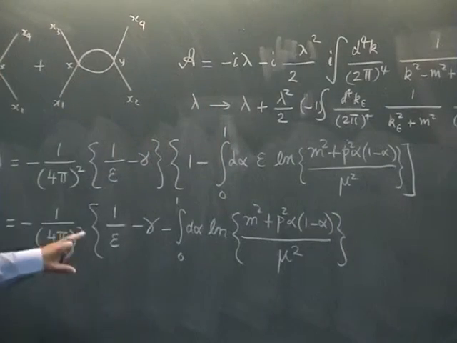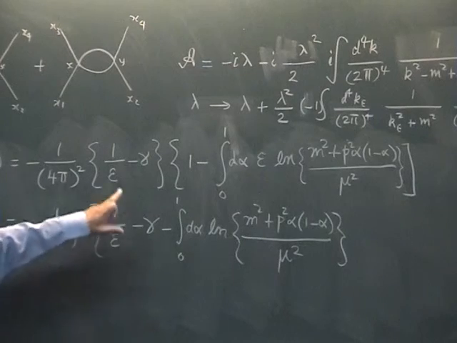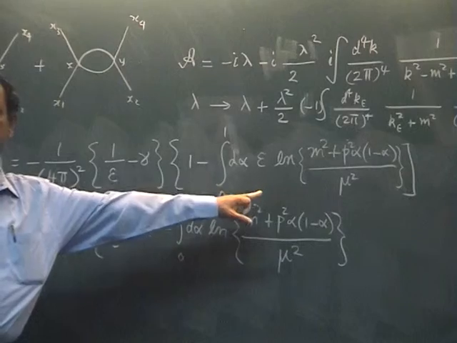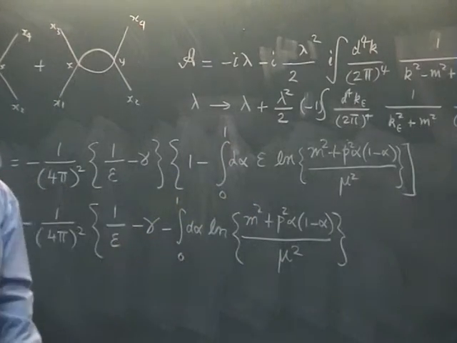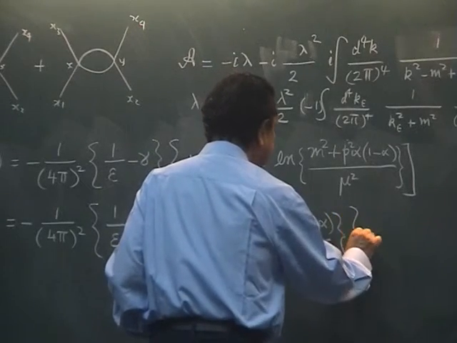Okay, what else is remaining? This we have multiplied by 1, this we have multiplied by 1, then this we have multiplied by this, then we have to multiply this by epsilon. That doesn't contribute when epsilon goes to 0. Okay. So we have nicely separated out the divergent and convergent terms.